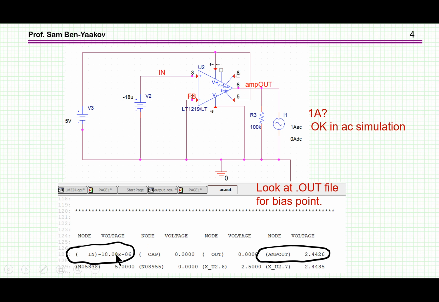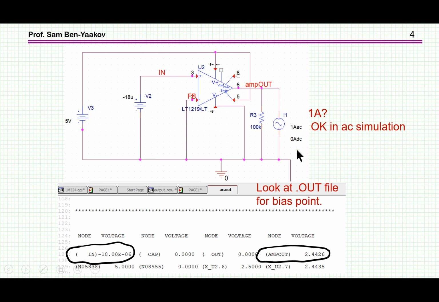And here we see that the input is minus 18 microvolt and the output is 2.44 while the power supply is 5 volts. So we are just about at the mid operating point, that is, the voltage is half the supply, which is very nice.